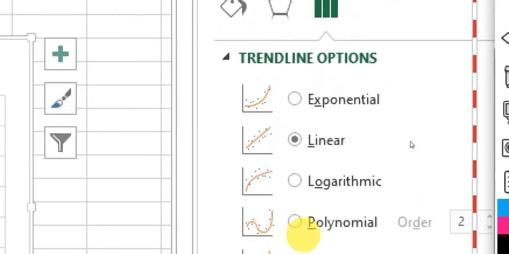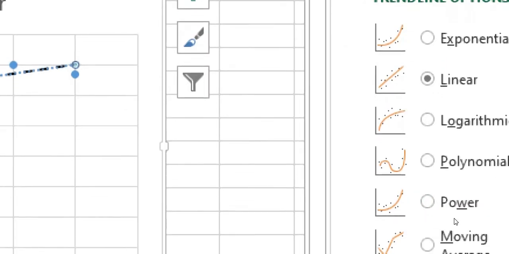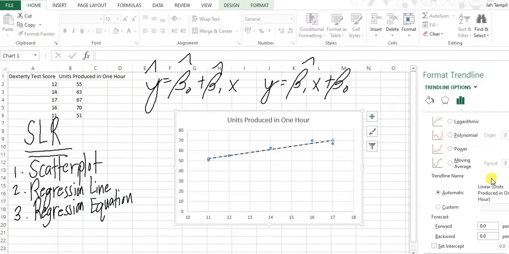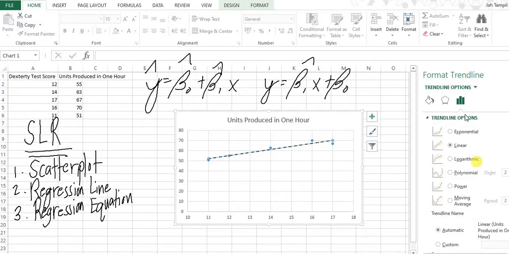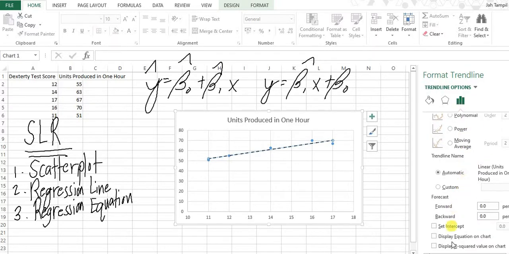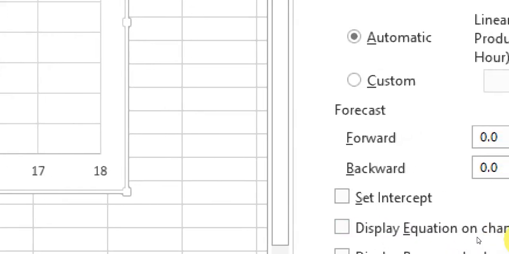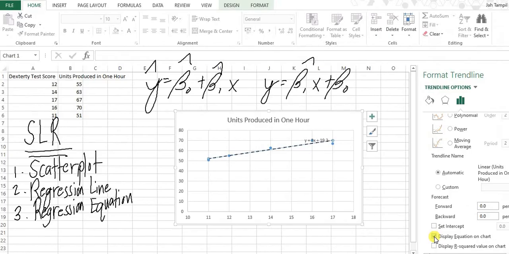So here, you can see we have the following down below. So in the trendline options, you scroll down until you see this. So now, we will select display equation on chart. So once we click that, we would have the equation here.